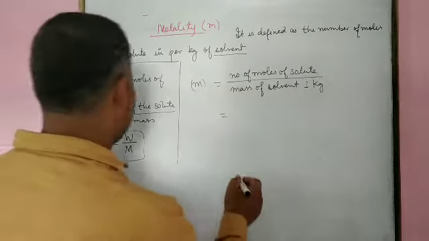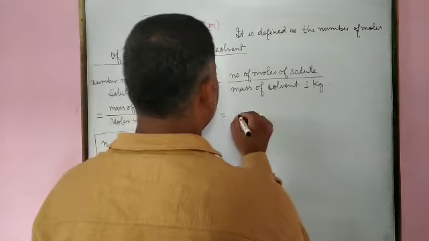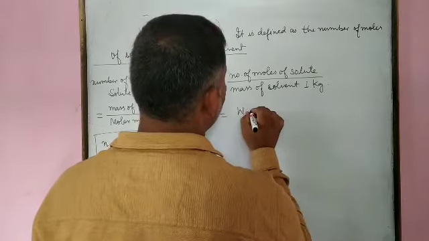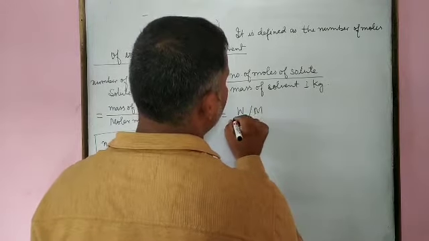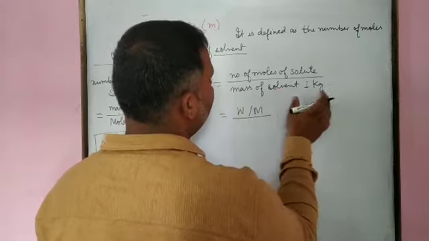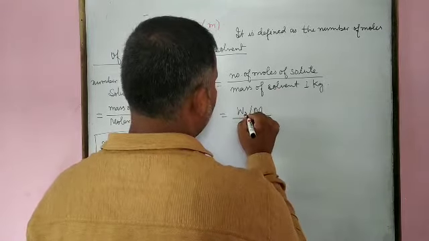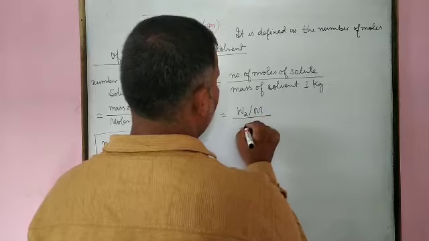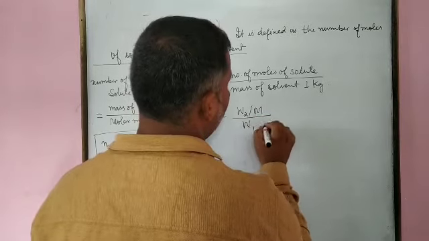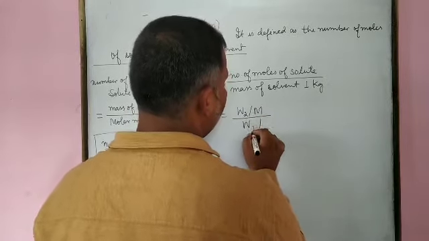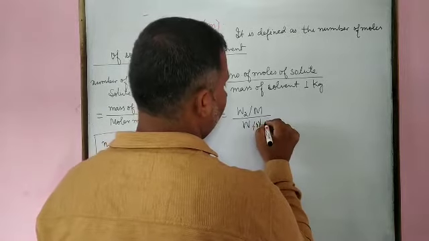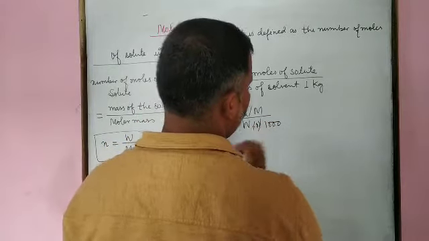I will write it here. Number of moles of solute is represented by W by M, molar mass. For mass of solvent in kg, if it is W1 in grams, then we divide it by 1000.